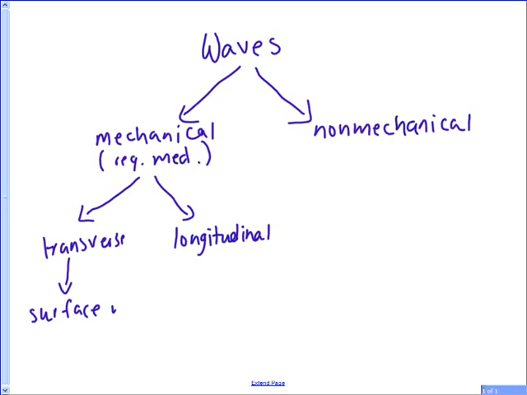Surface waves are the ocean waves, water waves. That's just what they're called in science. And seismic waves. Remember the earthquake? So seismic waves are transverse. Longitudinal is what we're going to talk about today, because sound waves are longitudinal.